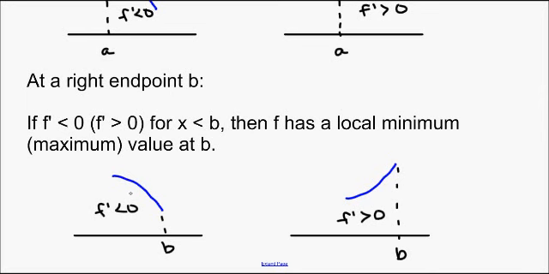So if it's falling off this side, everything's decreasing, this is a min. If everything is increasing up to b, so f prime is greater than 0 for everything less than b or to the left of b on the graph, then I have a local maximum at b.